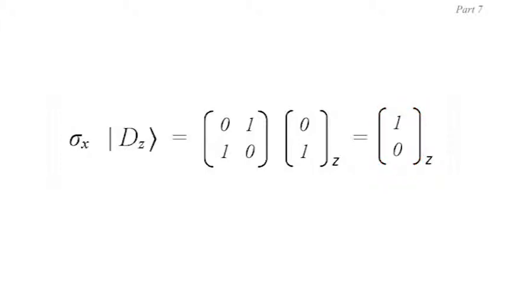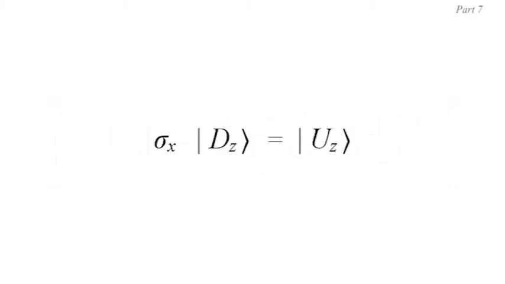Once again, there's no measurement. Starting with a down state, if you attempt this mathematical measurement of the spin in the x direction using sigma x, it changes the down state to an up state. It changes the spin from down to up. And again, we could write that more simply as sigma x acting on the down state gives the up state.